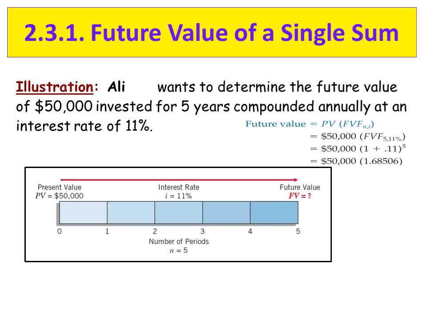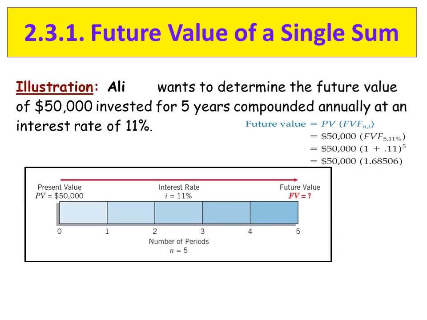First of all, present value is what is invested, $50,000. Time is 5 years, compounded annually. Our m is 1, that is annually, and the interest rate or r is 11.